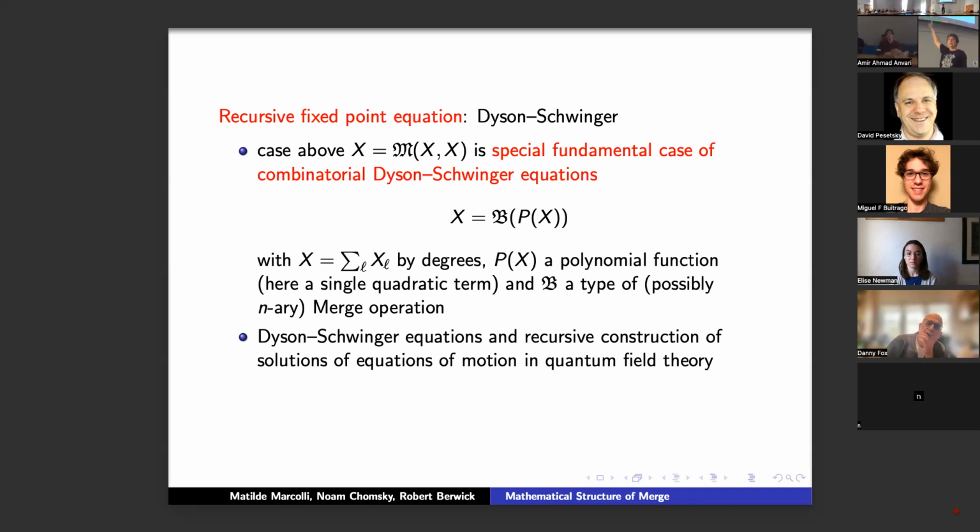But if you have a polynomial that's not quadratic, then you get these other grafting operations where you have more than two terms and you hang all of them by the same root. So these Dyson-Schwinger equations in physics are the recursive constructions of the solutions of equations of motion in quantum theory.